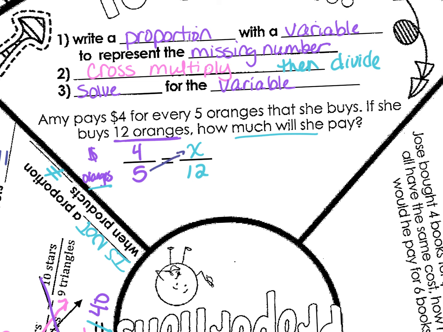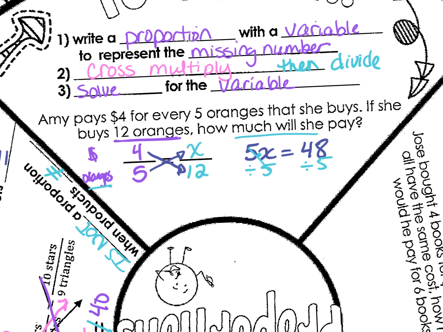I always start with my variable. I'm going to multiply 5 times x. It's going to give me 5x equals, and I'm going to cross multiply the other side. 4 times 12 is 48. So we cross multiply, then remember 5 times x. The opposite of times is divide, so I'm going to divide both sides by 5. This is a one step.